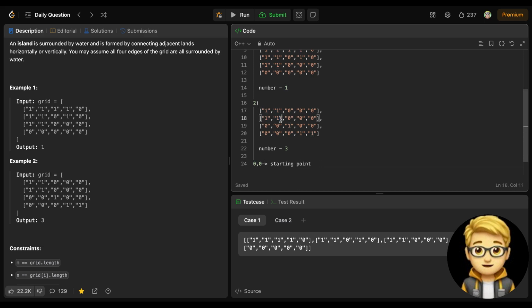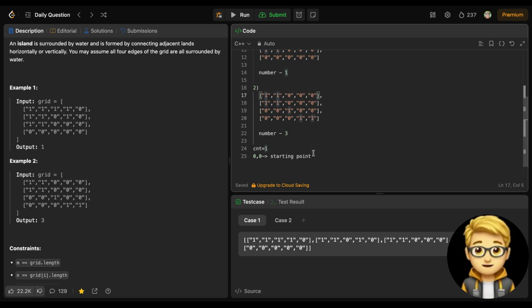When I move in all four directions, this group of four ones will make an island. So the count will be 1 for these four. Now I cannot move in any other direction because it is all surrounded by 0, so now I need to find another starting point which is not covered in this island.